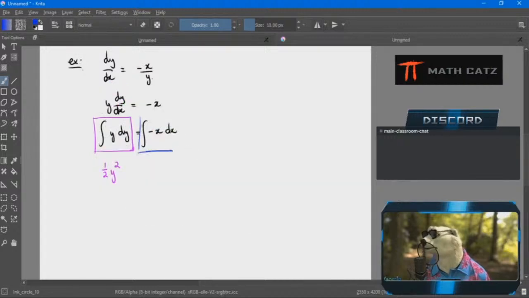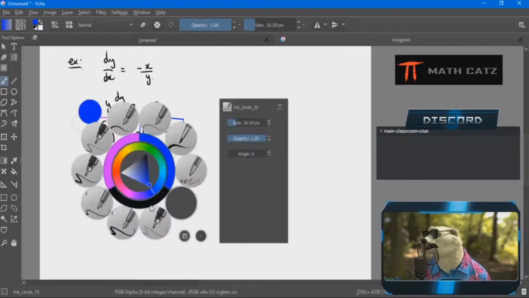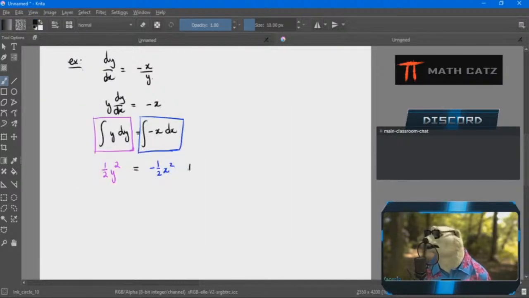I then look at the other side and isolate that as a separate question, just the blue box. The antiderivative of negative x will be negative 1/2 x squared. And then I put it together with just the constants grouped into the constant c.